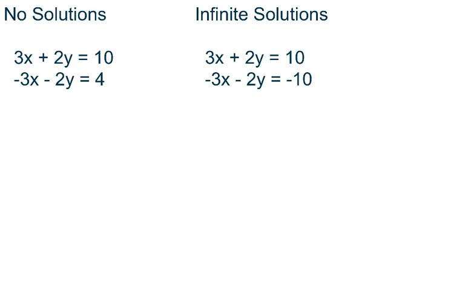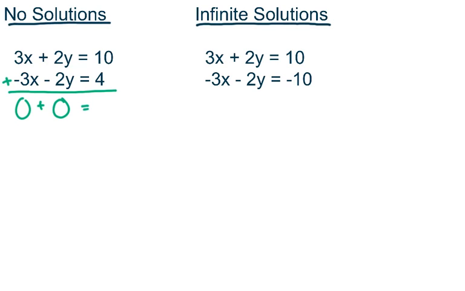Now, we will, of course, run into ones where we either have no solution or infinite solutions. With no solutions, you'll notice here that our x terms and our y terms are already ready to be canceled out. 3x minus 3x equals 0, and 2y minus 2y is 0, but then 10 plus 4 is 14.